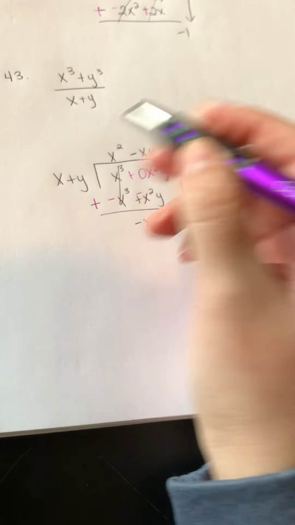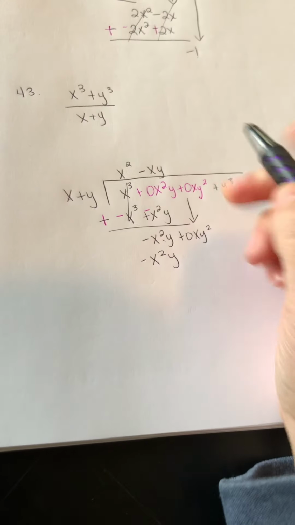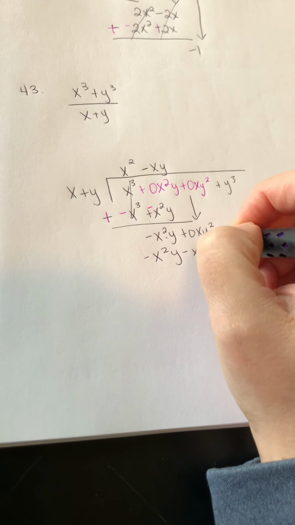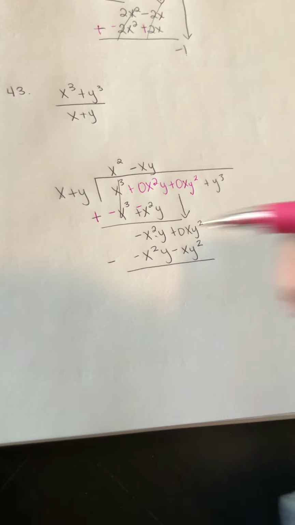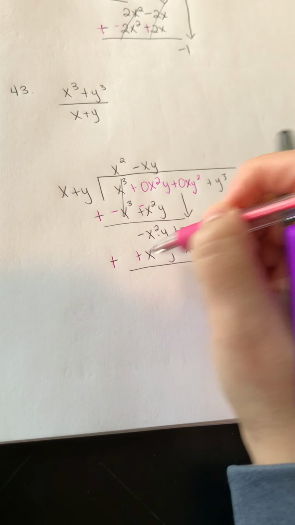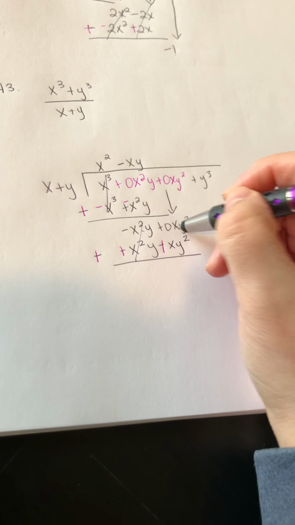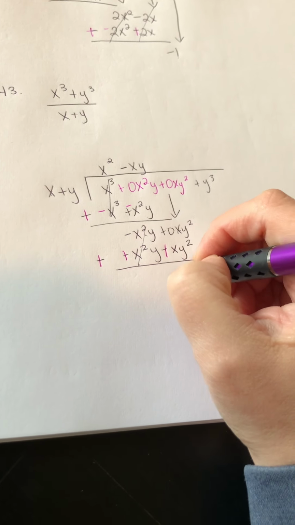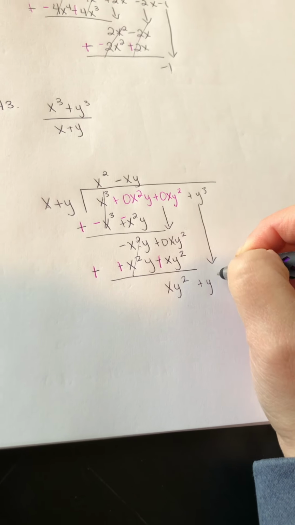Negative xy times x is negative x squared y. Negative xy times y is negative xy squared. So see how that 0 is helpful. I'm going to subtract these. So again, you're going plus, plus, plus. It makes them all positive. So these are gone. 0 plus 1 is 1. So I've got xy squared. And I bring down my y cubed.